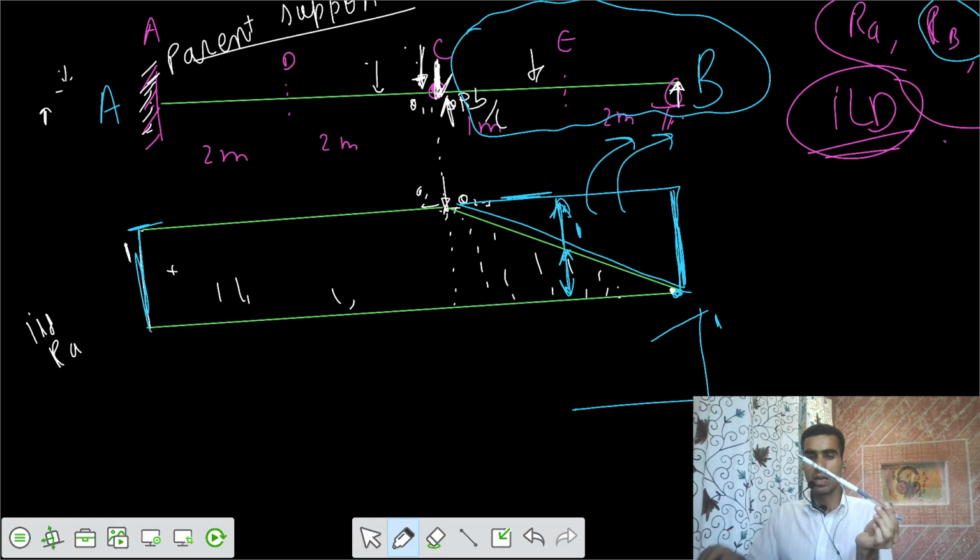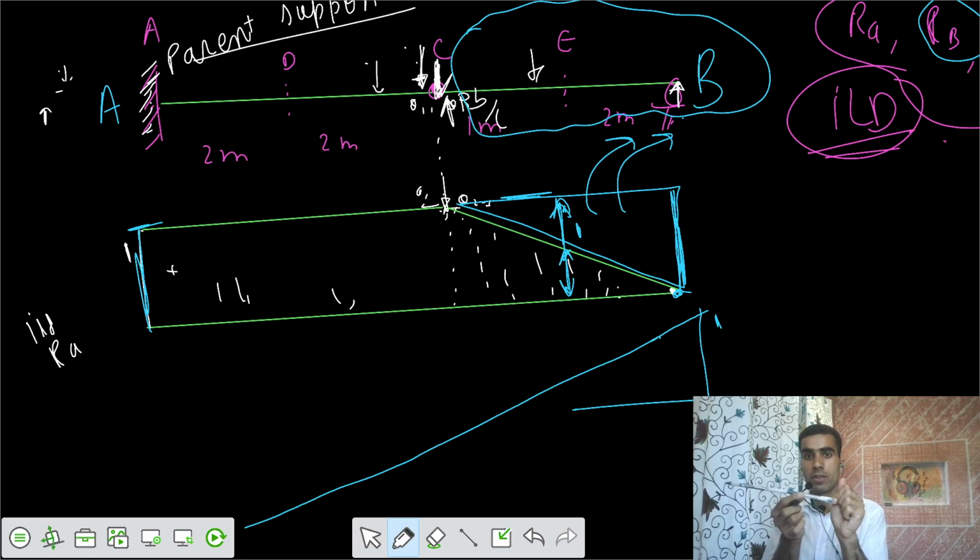Okay. Now we don't know where it is cutting. Let's assume that it goes in this fashion. Is it possible? Because support A is fixed, it should remain intact at its original location.